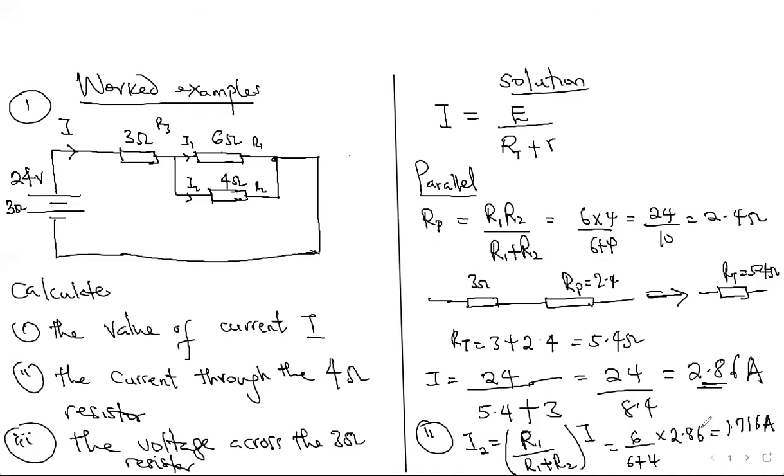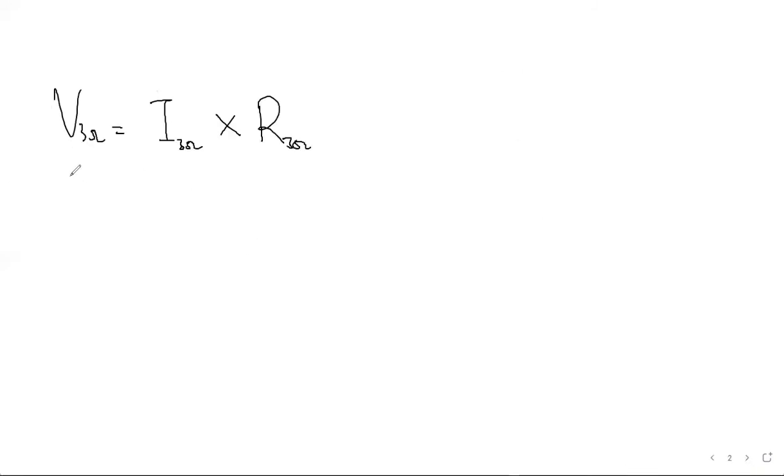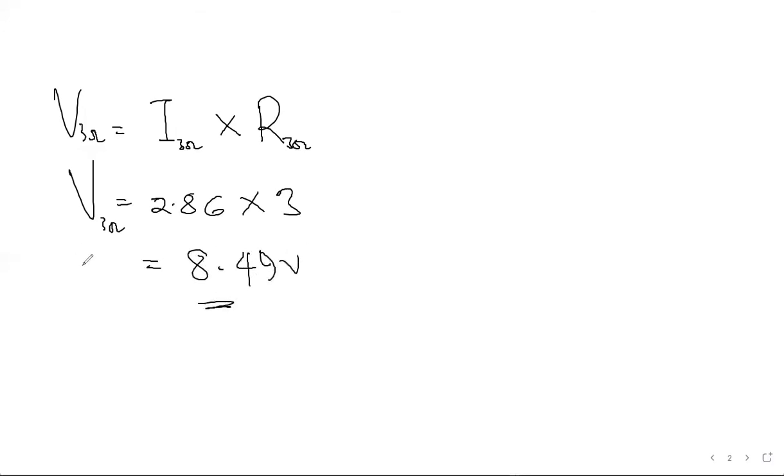The current is 2.86, the total current, so 2.86 multiplied by 3 gives you 8.49 volts. That's the voltage across the 3 ohm resistor. I think that's it for question 1.